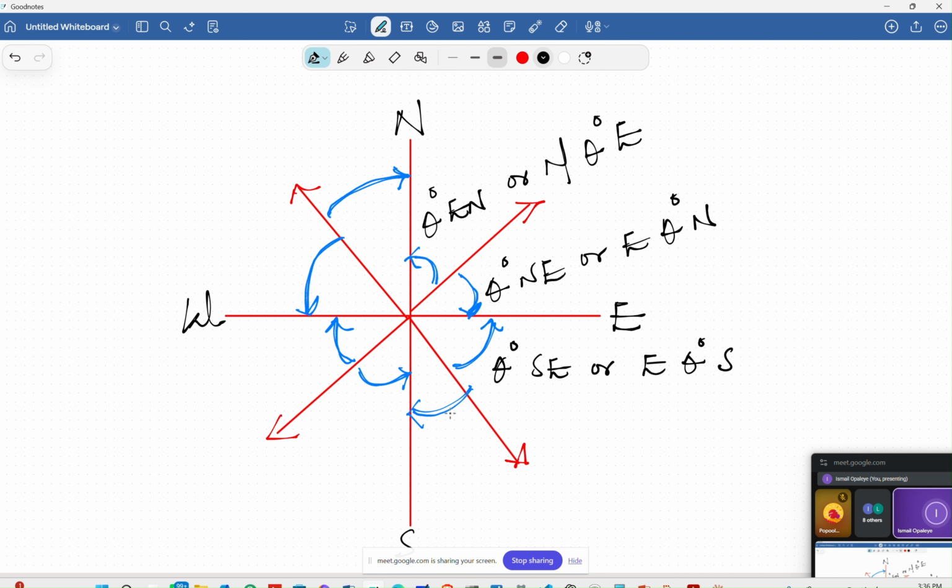This one is going from east to south. So that will be theta degree east of south, or south theta degree east.